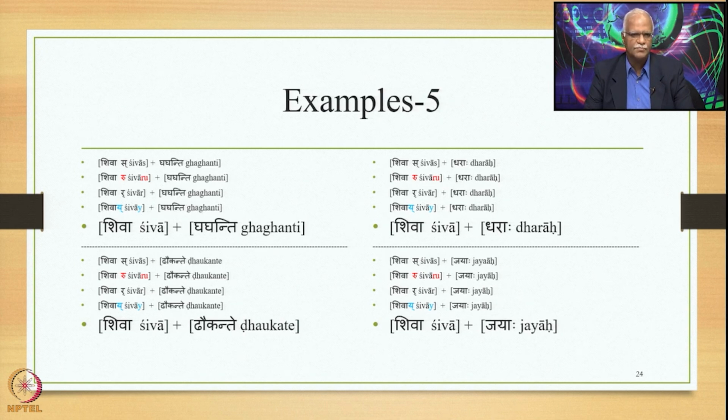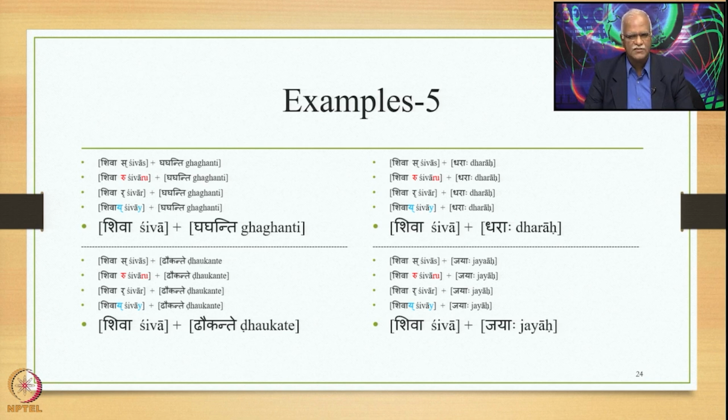Then we have Shivas plus Ghaghanti as the input, and the final output generated is Shiva plus Ghaghanti, following the same process. Then we have Shivas plus Dhaukante. The same process happens, and so we get the final output in the form of Shiva Dhaukante.